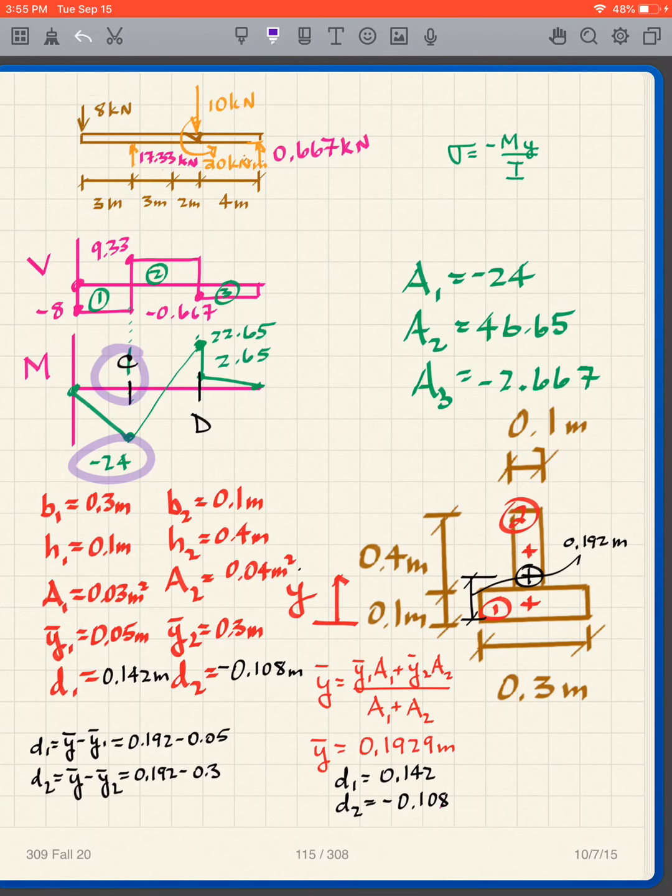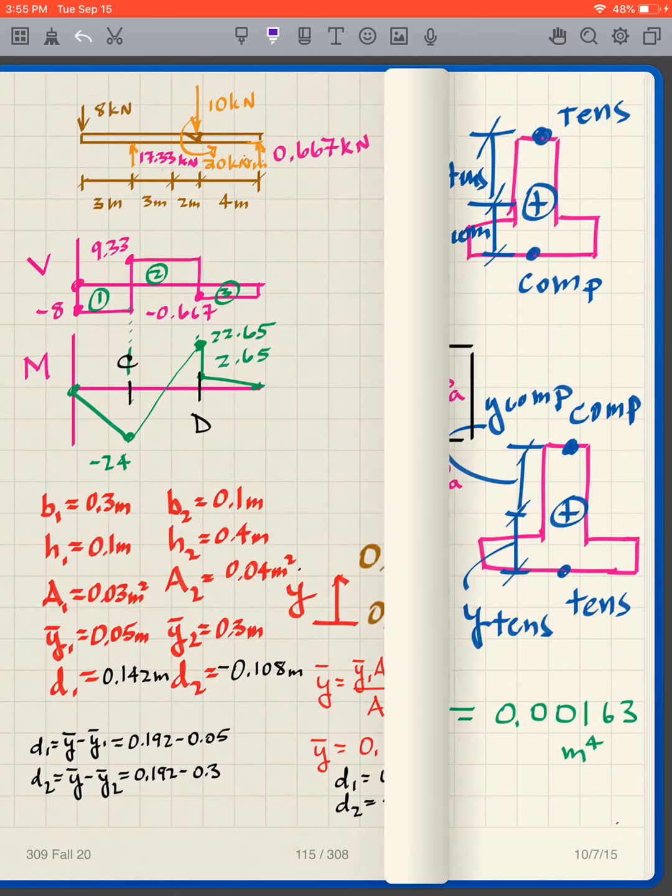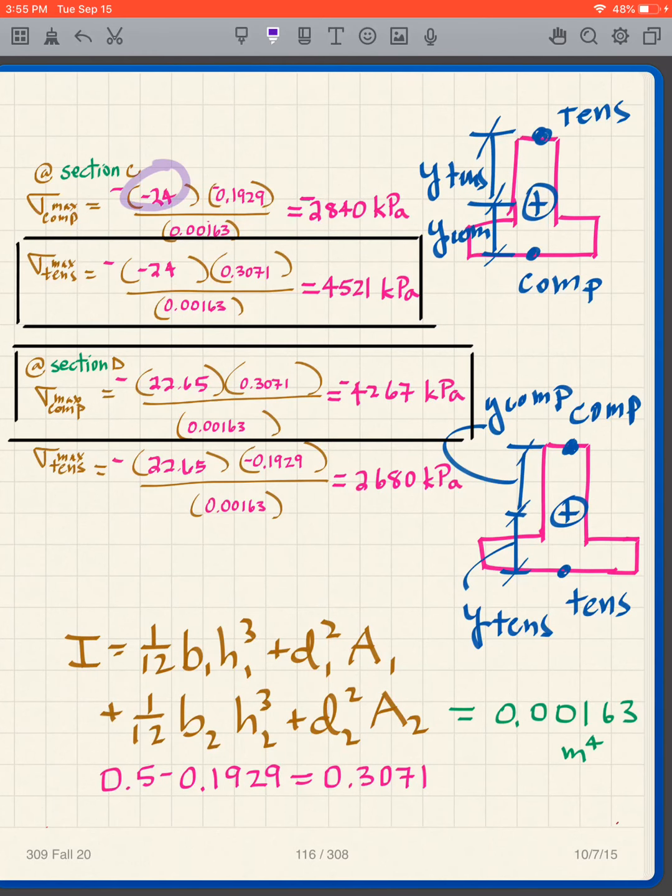At section C, my moment is negative 24. And at section D, it's 22.65. So I put in negative 24, negative 24, positive 22.65, positive 22.65. That's easy. And remember, I have my negative sign in the front of every single one of these.